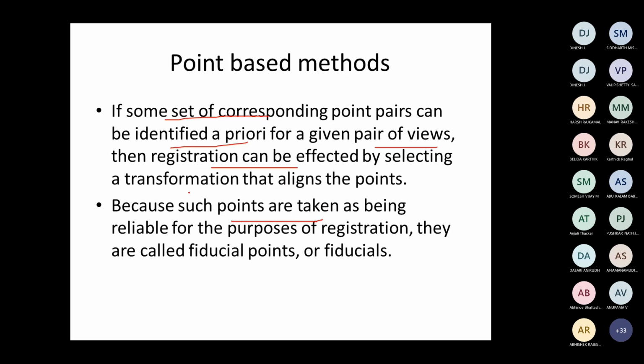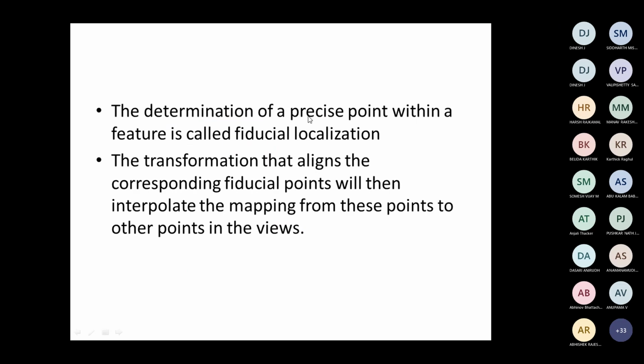Because such points are taken as being reliable for the purposes of registration, they are called fiducial points. The determination of the precise point within a feature is called fiducial localization, and the transformation that aligns the corresponding fiducial points will then interpolate the mapping from these points to other points in the image. So the interpolation can happen.